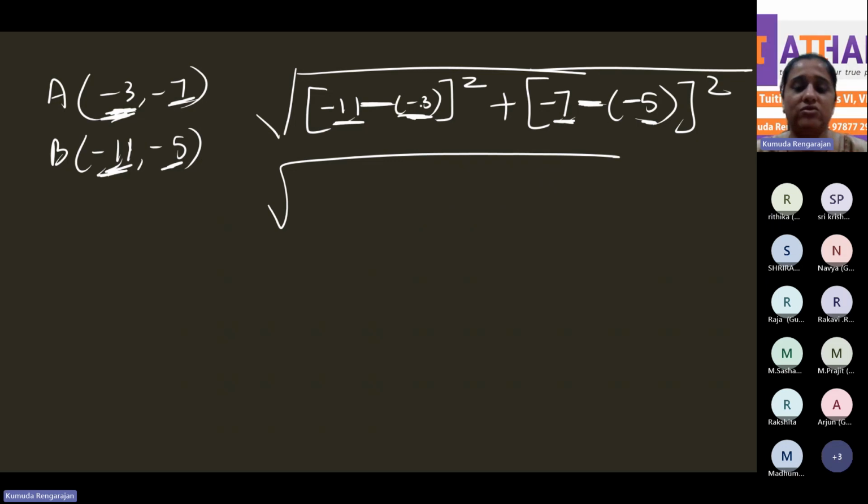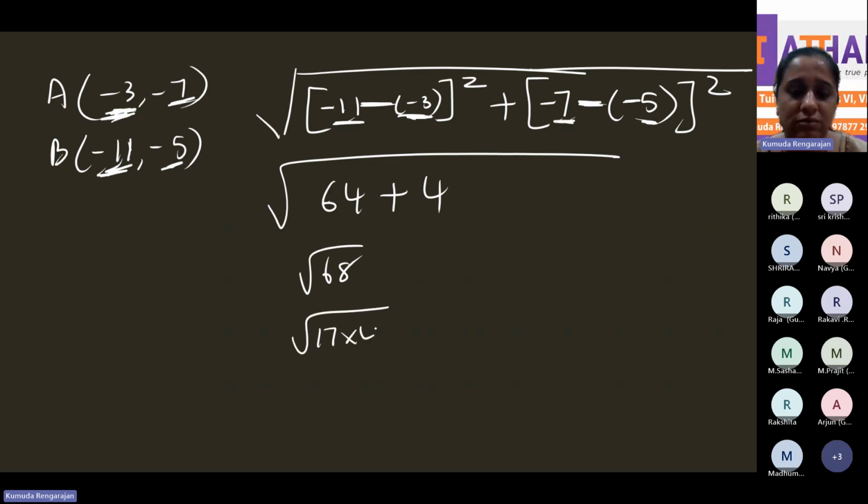So -11 plus 3, -8, -8 the whole square, 64. Plus -7 plus 5, -2, -2 the whole square, 4. So square root of 68. Of course, you'll have to write it as a mixed result if possible. 17 fours are 68, so it is 2 root 17.